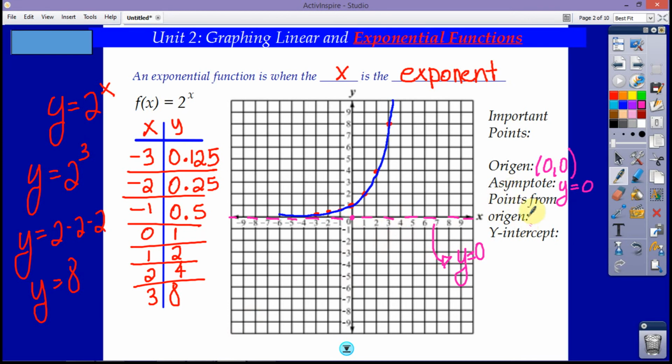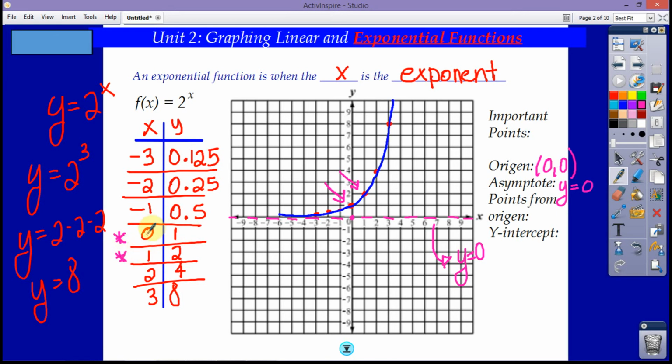Now the next one says points from origin. So we're asking for the next 2 points, like in the origin, here's the origin, which are the next 2 points? Well, here's the first point and the second point. So we're going to be labeling these points. If we go back to our graph, it's going to be the ones starting on 0 and the 1.